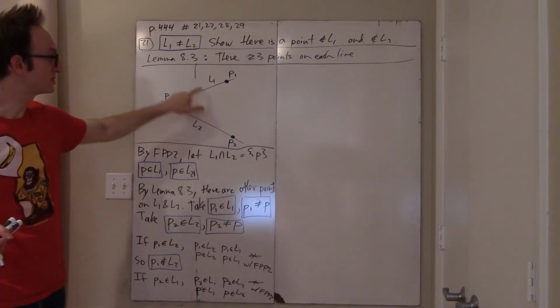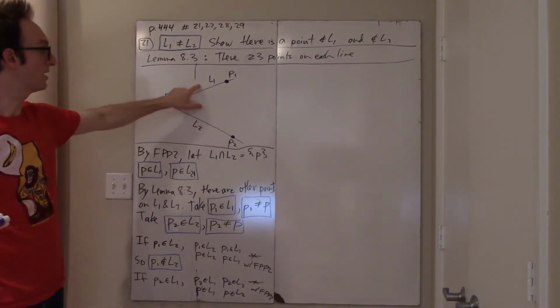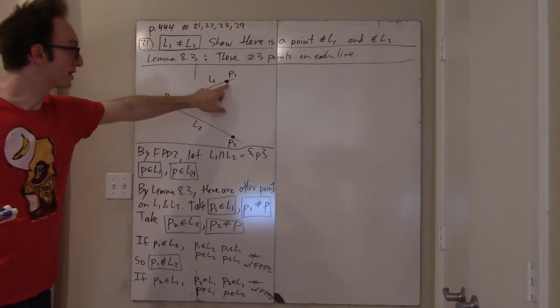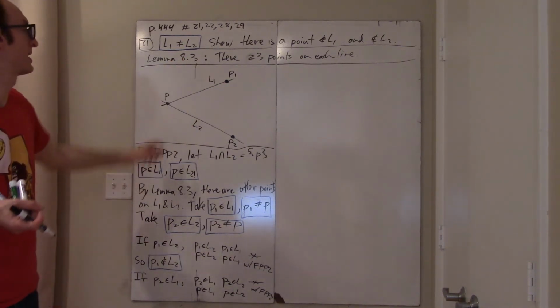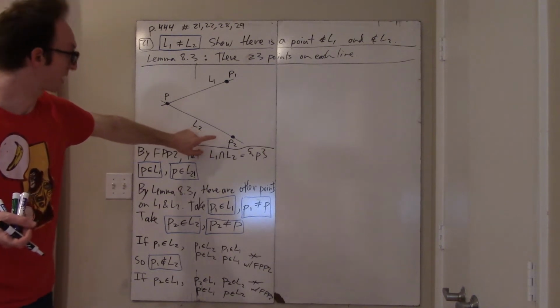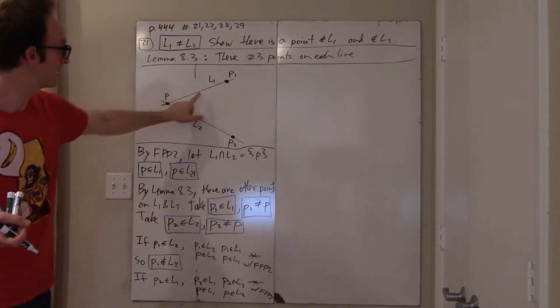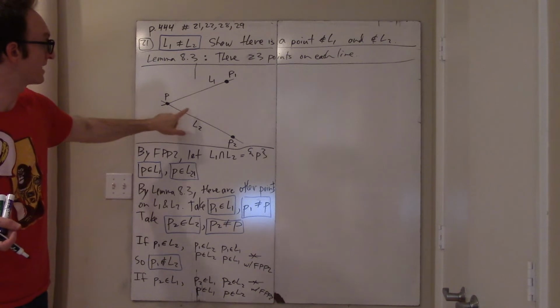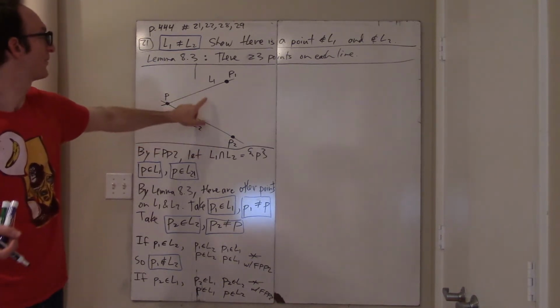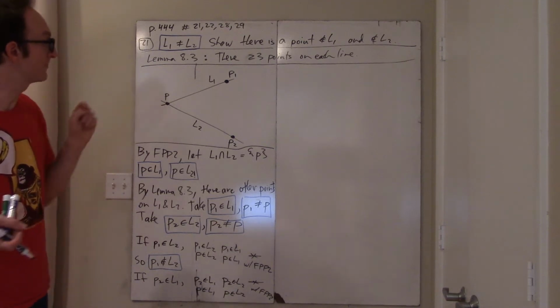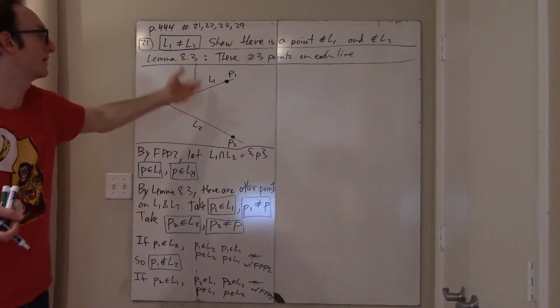The more casual way of doing this is to say, look, of course P2 can't be on L1, because if P2 were on L1, then P and P2 would both be on L1.